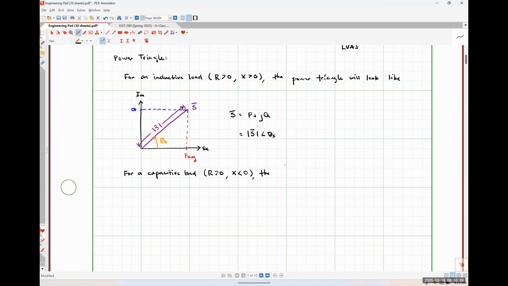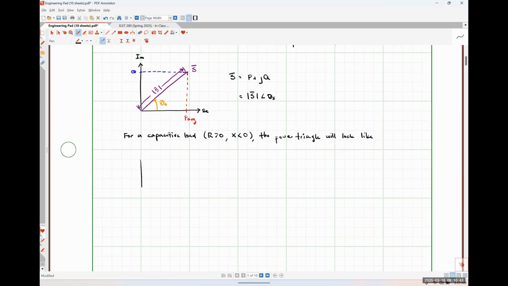So for these capacitive loads, our power triangle will look like this, where now I'm effectively looking at what's going on in the negative imaginary direction and the positive real direction. So our complex power will lie somewhere down here in the fourth quadrant.